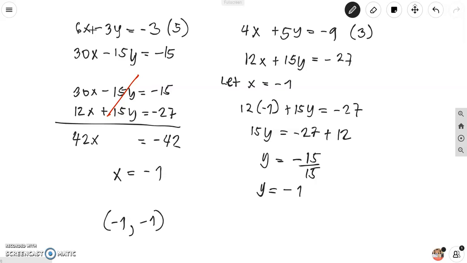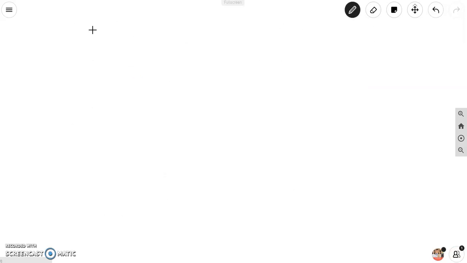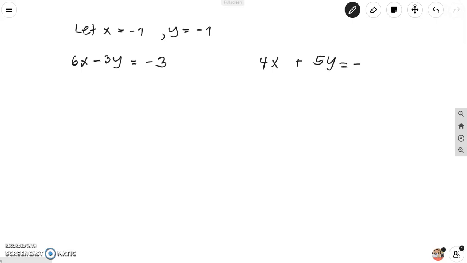Let's check the original equations. Let's see if x equals negative 1 and y equals negative 1 will satisfy our equations. The equations we have are 6x minus 3y equals negative 3, and 4x plus 5y equals negative 9.